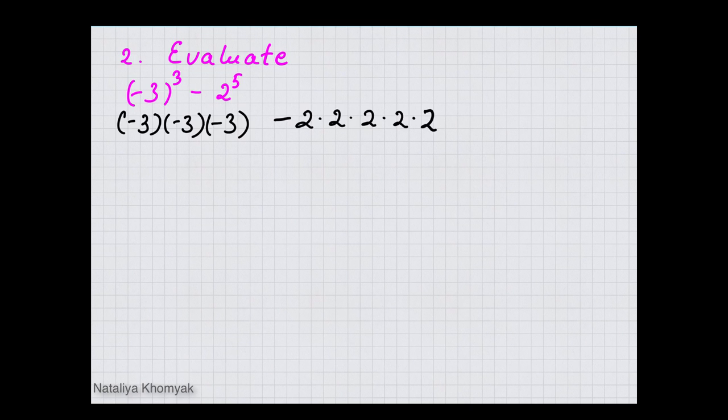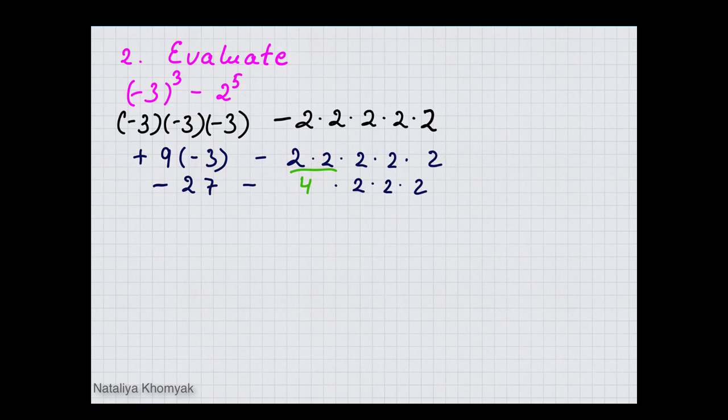Then I'm just going to multiply from left to right. So we have negative times negative, positive 9 times negative 3 minus 2 times 2 times 2 times 2 times 2. Positive times negative, we get negative 27 minus negative 2 times 2, 4 times 2 times 2 times 2.